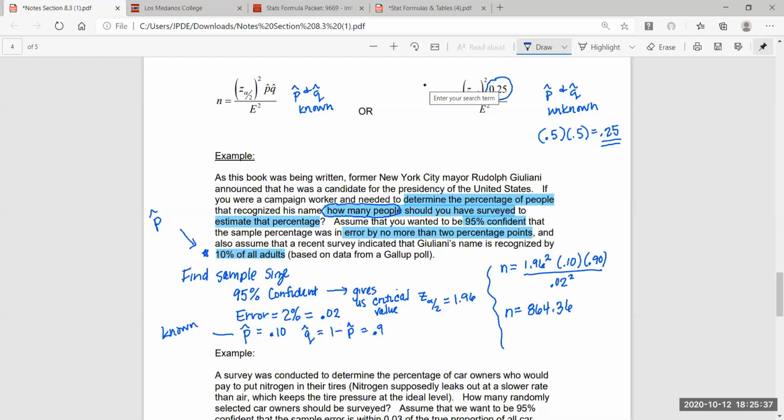Again, this is the number of people we're going to survey. How can we survey 864.36 people? A decimal is not going to make sense.